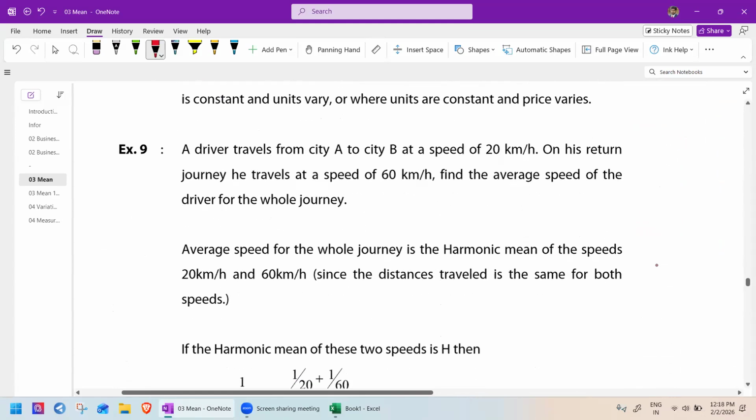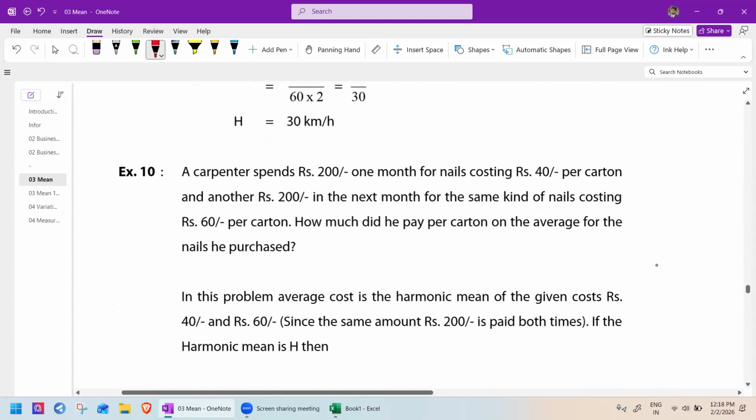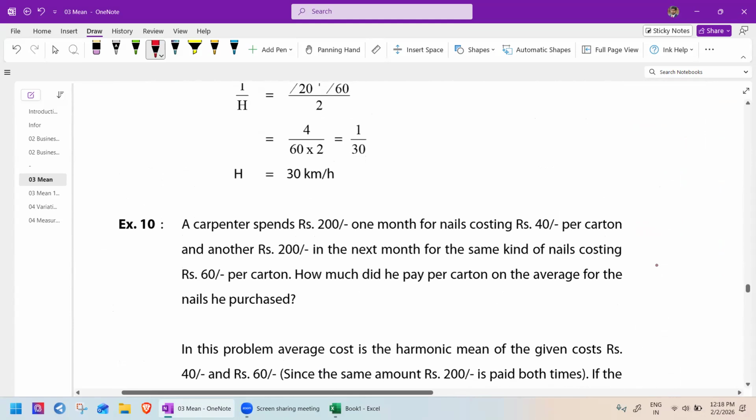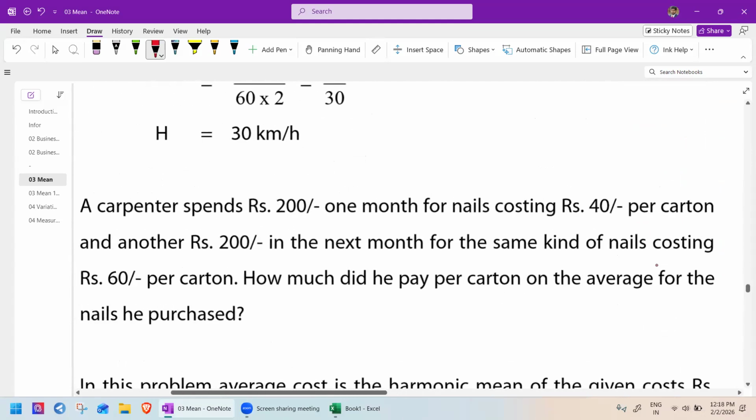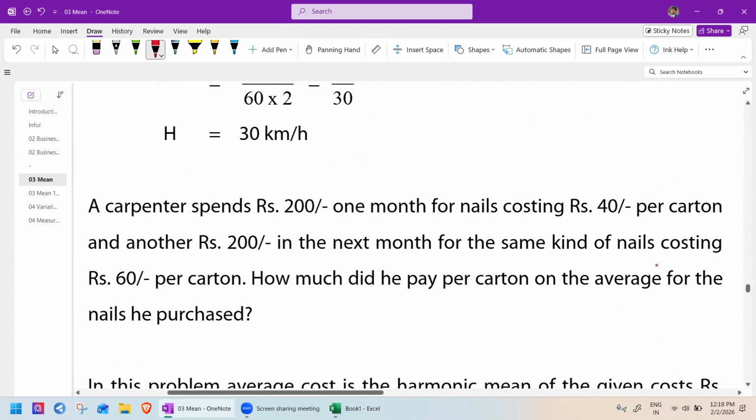Now look, read this question. Here, the budget is constrained, the same budget. A carpenter purchased nails. Nails mean pins, right? Carpenters normally purchase these pins.